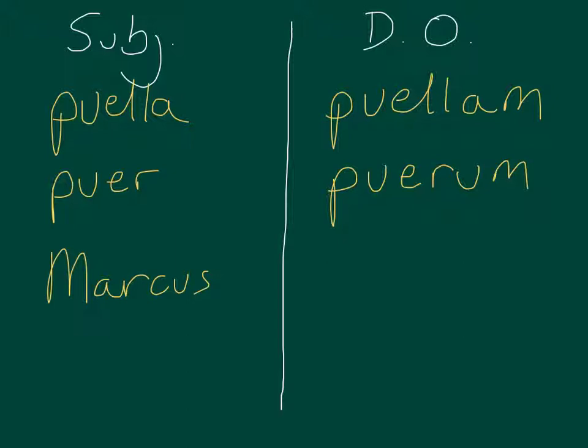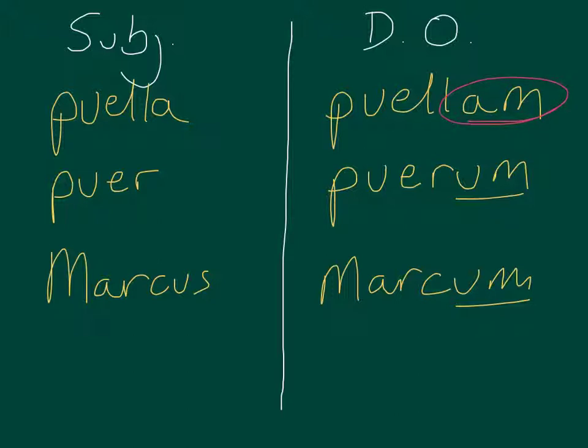If Marcus is receiving the action, it'll be Marcum. All right, so that's just kind of a rundown. You can see the boy and Marcus are both masculine. They have the UM. Puella, same with Cornelia, is going to have this AM ending there, but they all end in M, which indicates direct object.